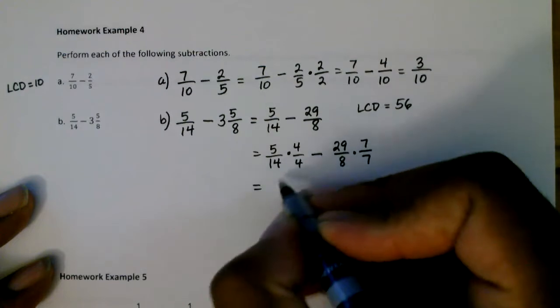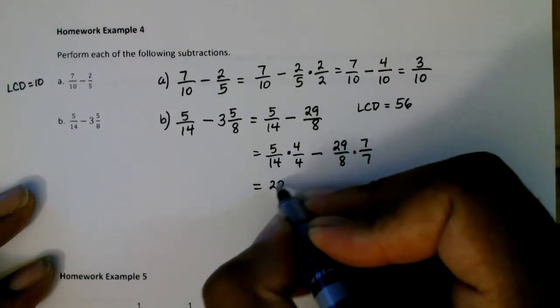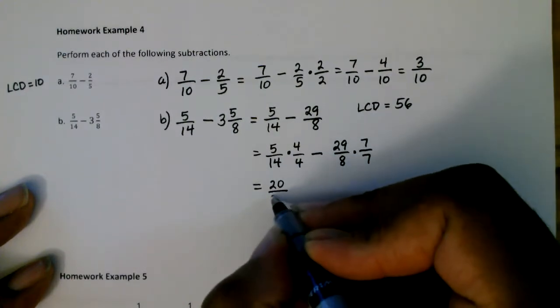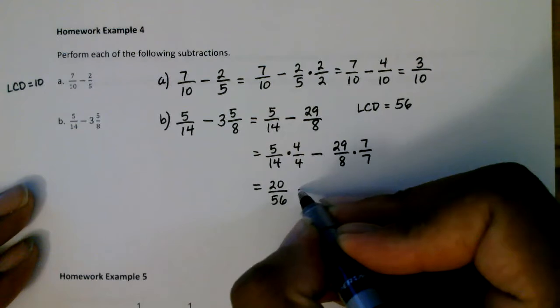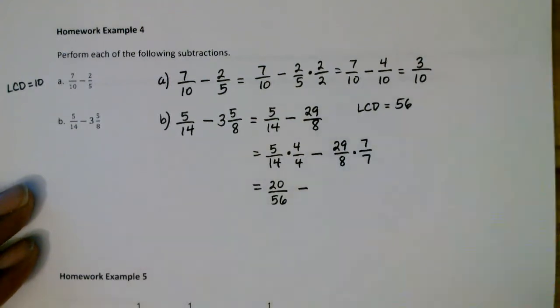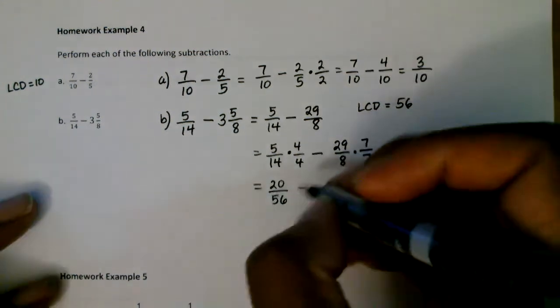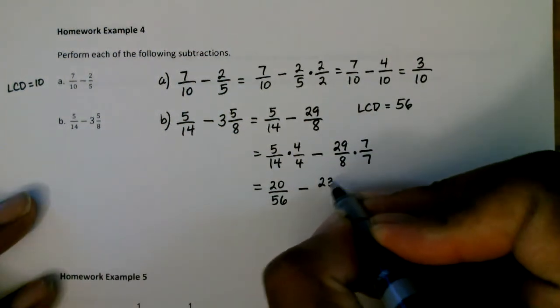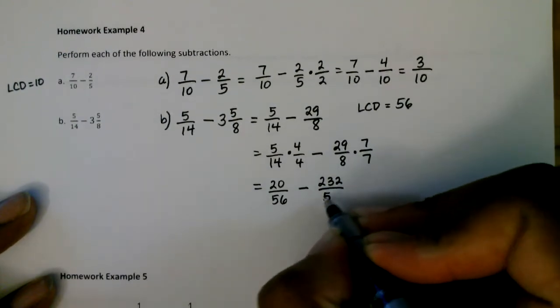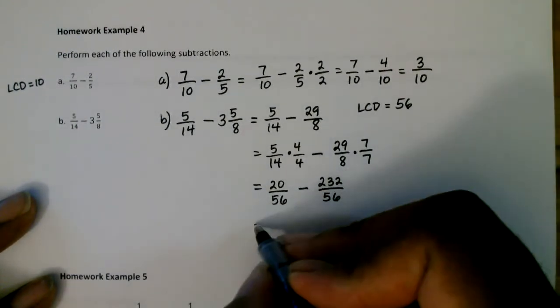So now 5 times 4 will be 20 over 14 times 4, which will be 56, minus 29 times 8 is going to be 232 over 8 times 7, which is 56.